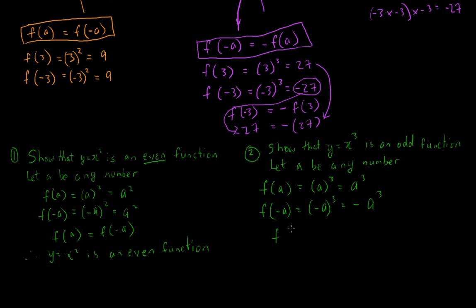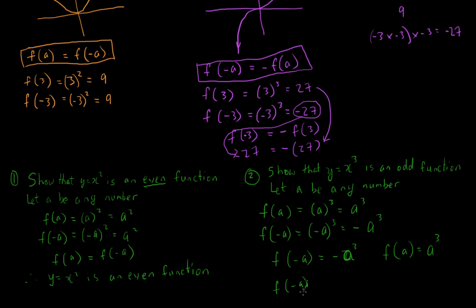Sorry, f of minus a is equal to minus a cubed. But f of a is equal to a cubed. So what we can say is that f of minus a is equal to minus f of a.